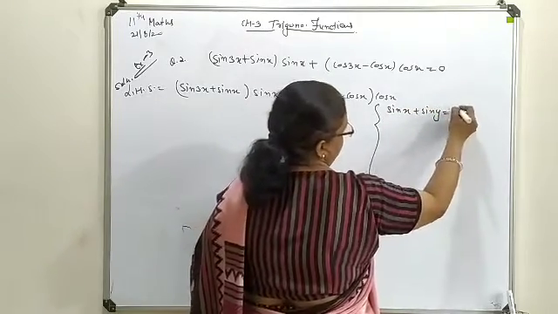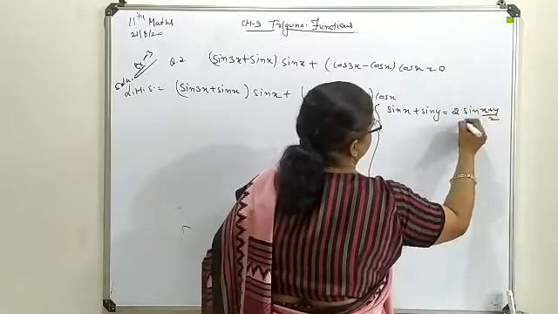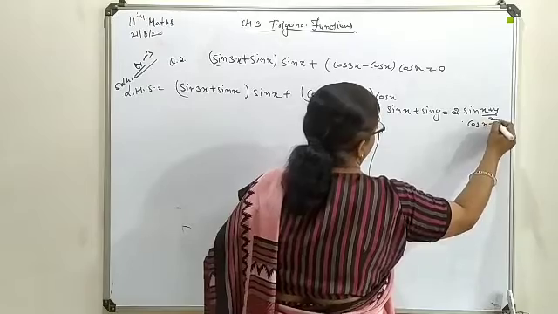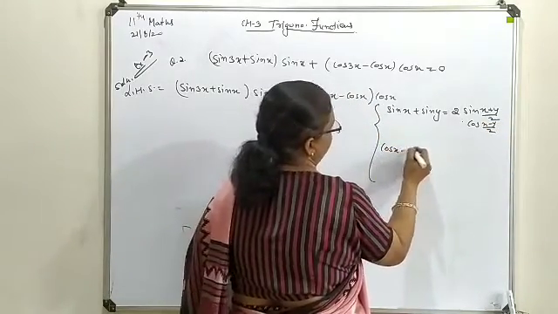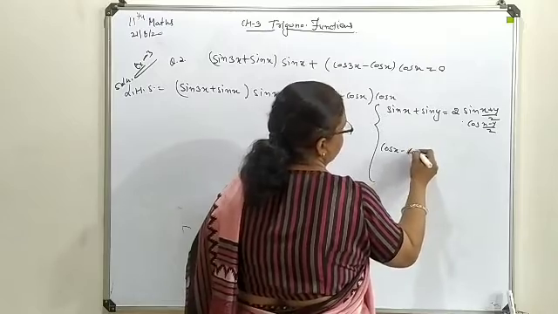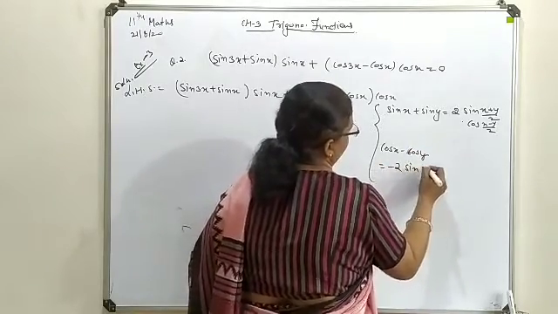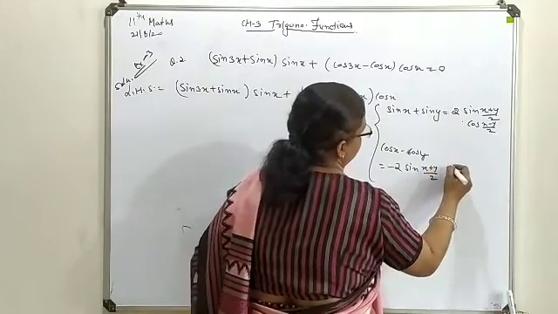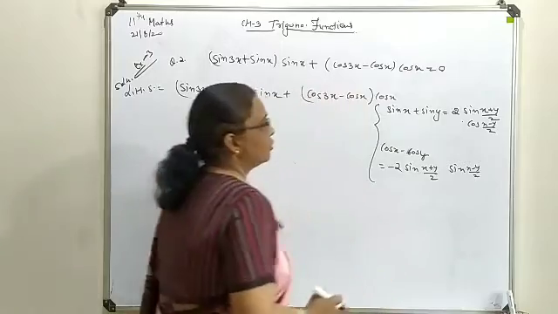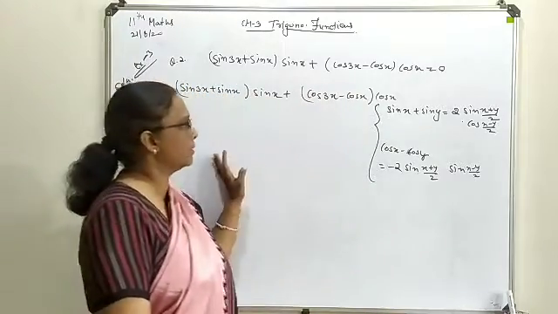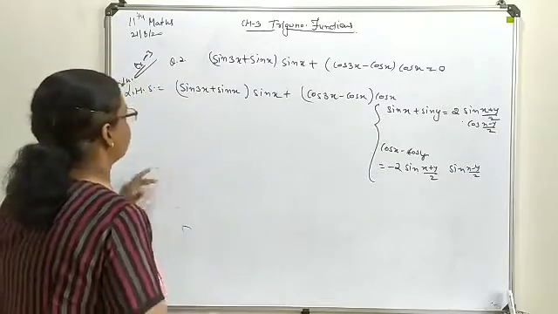It is to be written as 2 sin (x plus y by 2) into cos (x minus y by 2). Whereas cos x minus cos y you can express as minus 2 sin (x plus y by 2) and sin (x minus y by 2). So these are the two forms you will use for these two combinations. So let's implement this formula form.